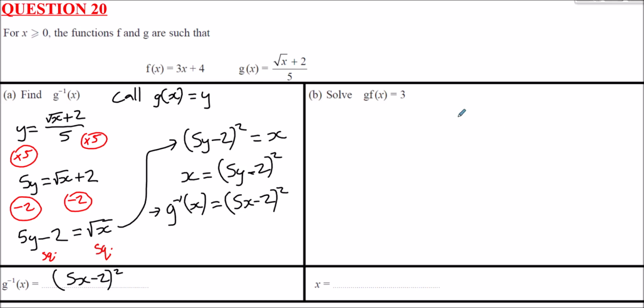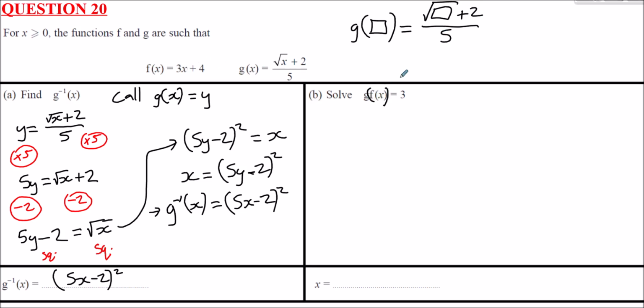Part B, we need to solve this composite function, solve g of f of x equals 3. So we can see that g of whatever the input is the square root of the input. The standard input, of course, is x plus 2 all over 5. But if our input now is f of x, then instead of just having an x as an input, it's going to be 3x plus 4.